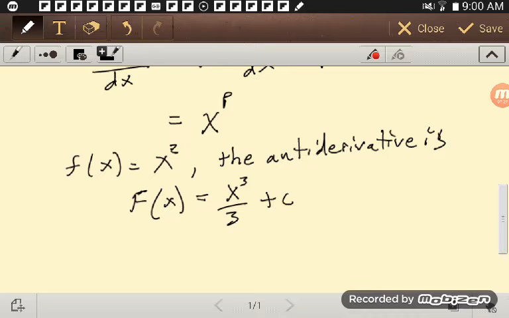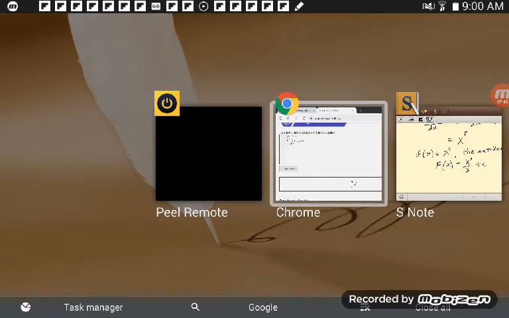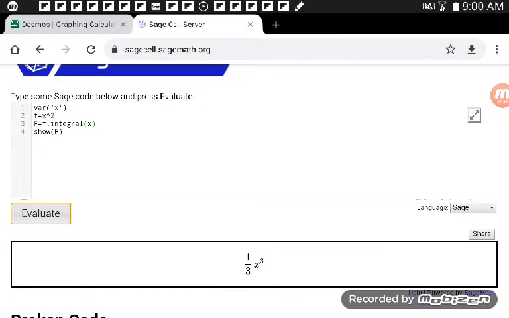Now, let's look at technology with this. Sage math is pretty good. It doesn't take much to find the antiderivatives there. So let's look here at what I would type into Sage. So we have var x to define a symbolic variable.